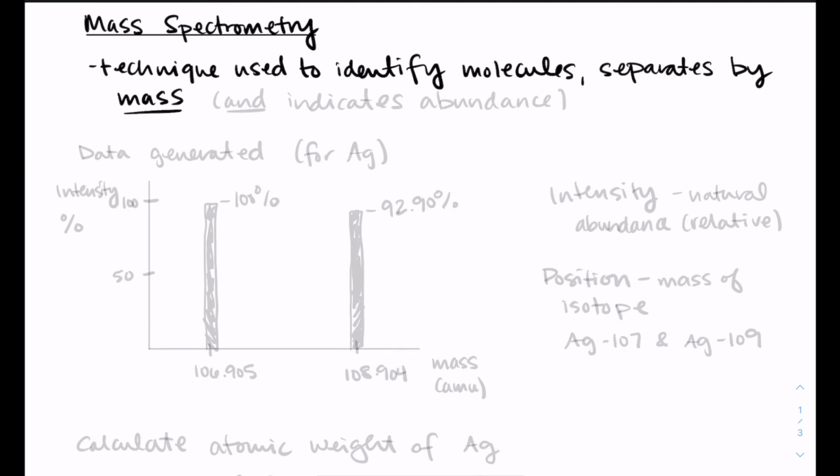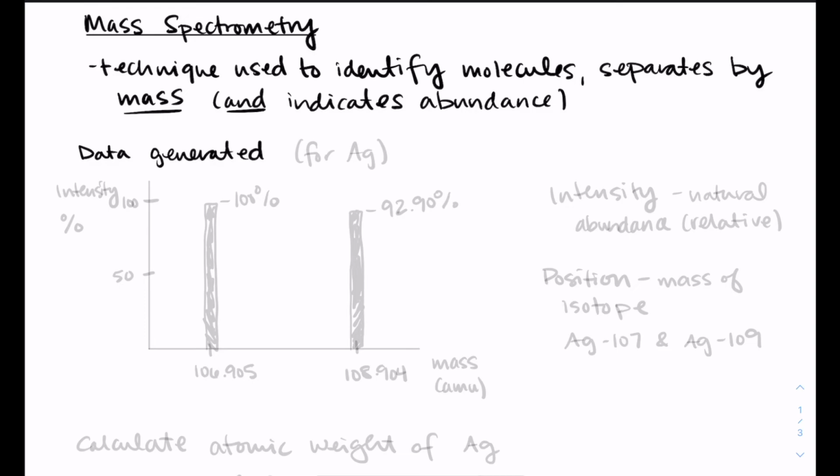So here I have an example of what you might see when you get some data that's generated from a mass spectrometer. This is super simplified. It's showing example data for if we were to only put silver into a mass spec, what would the data look like? And it's computer generated data.